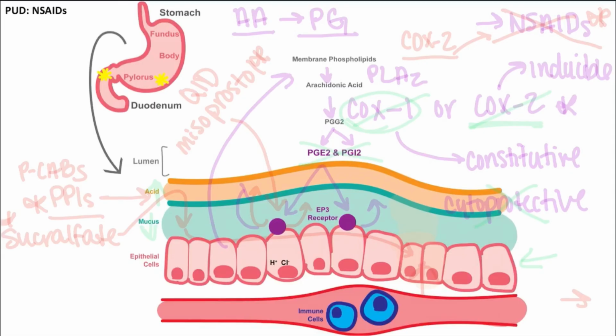So starting with NSAID-induced ulcers, and NSAID stands for non-steroidal anti-inflammatory drugs. But before we can go over how NSAIDs cause peptic ulcer disease, we first need to discuss the arachidonic acid pathway and prostaglandin synthesis first.